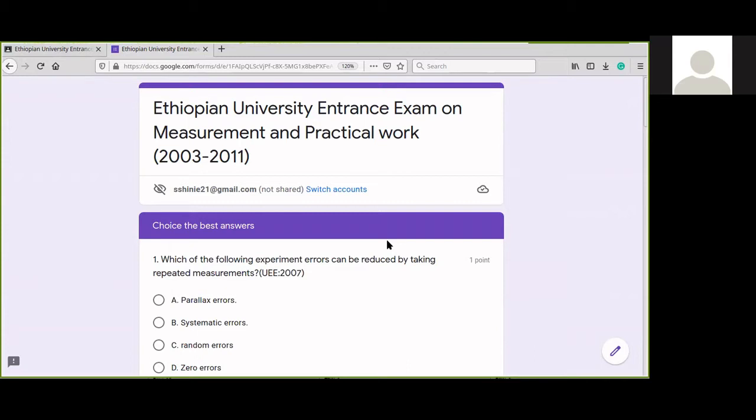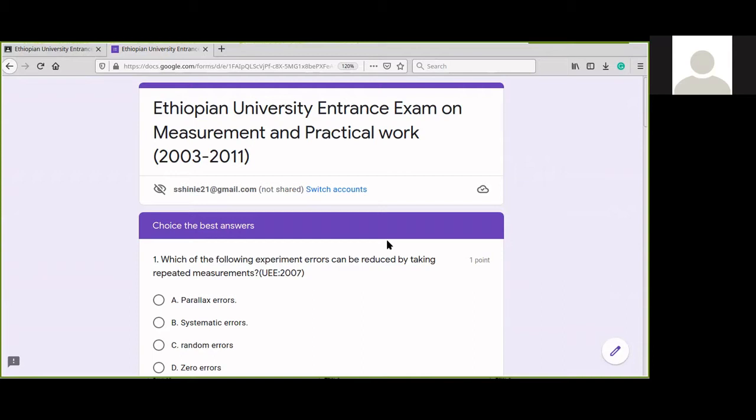C, random. Yeah, so types of errors, and basically there are two types of errors. The first one is systematic error, and the second one is random error. Systematic error means this is the error due to out of calibrations of the instrument, and random error is the error due to the person, which is made by the person.